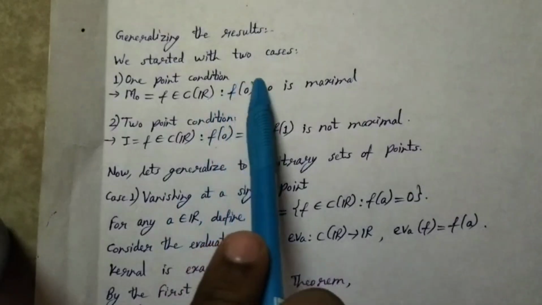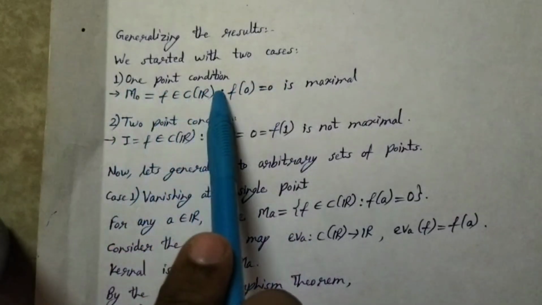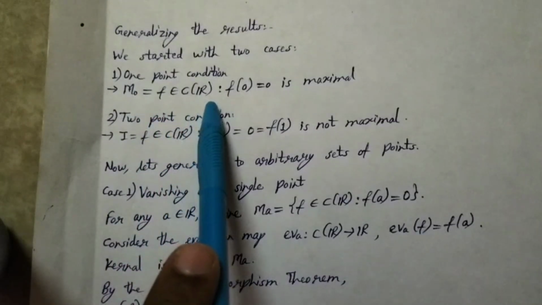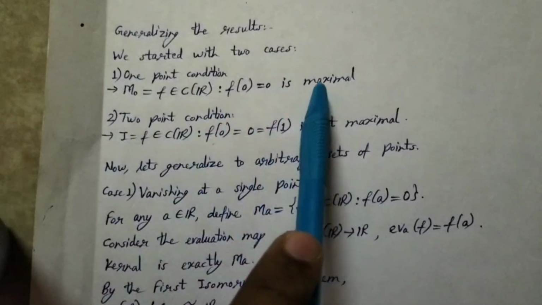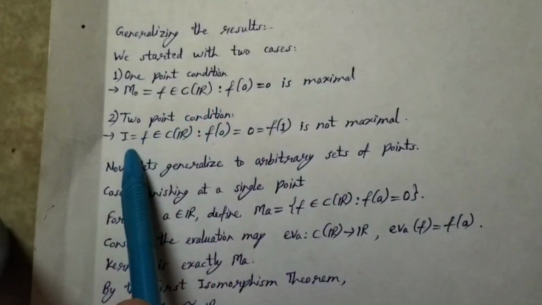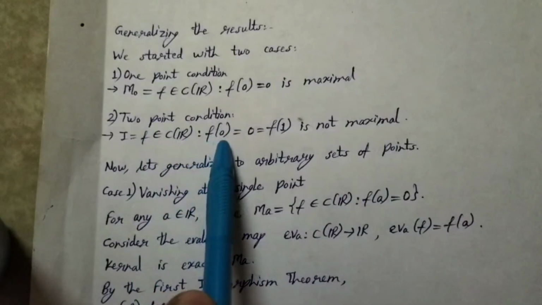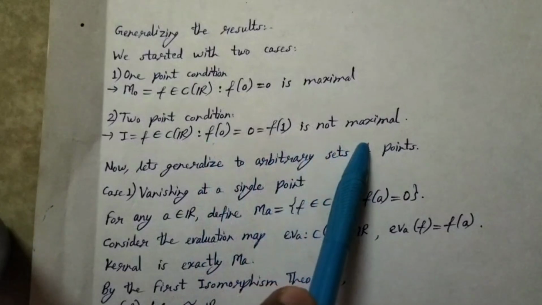We started with two cases. The first one was the one point condition, that is M naught equal to {f belonging to C(R) such that f(0) = 0} is maximal. And the second one was the two point condition, that is I equal to {f belonging to C(R) such that f(0) = 0 = f(1)} is not maximal.